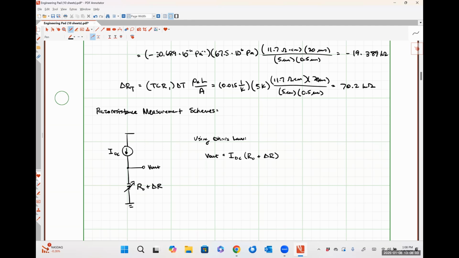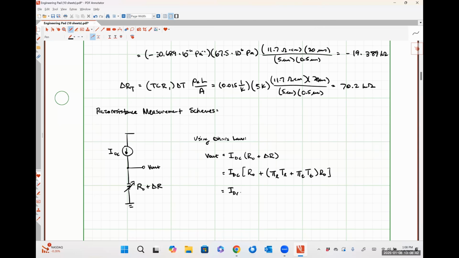And let's explore this a little bit more, okay? So I'm going to take that I DC. We've got our R naught, and let's break down that delta R into our longitudinal piezo-resistive coefficient times our longitudinal stress plus our transverse piezo-resistive coefficient times our transverse stress, and then all of that gets multiplied by R naught. We can pull out a factor of R naught from this whole thing.